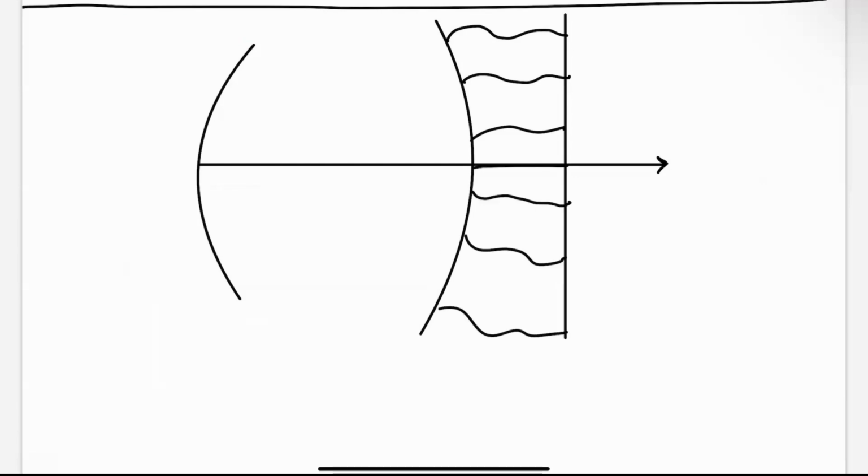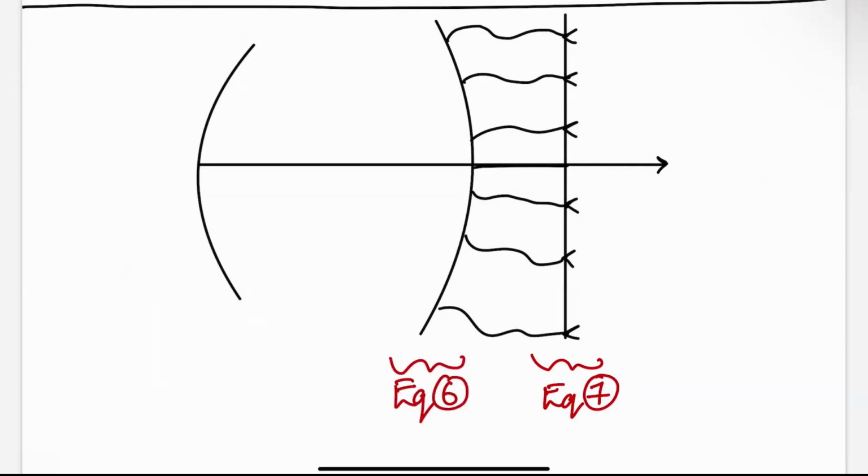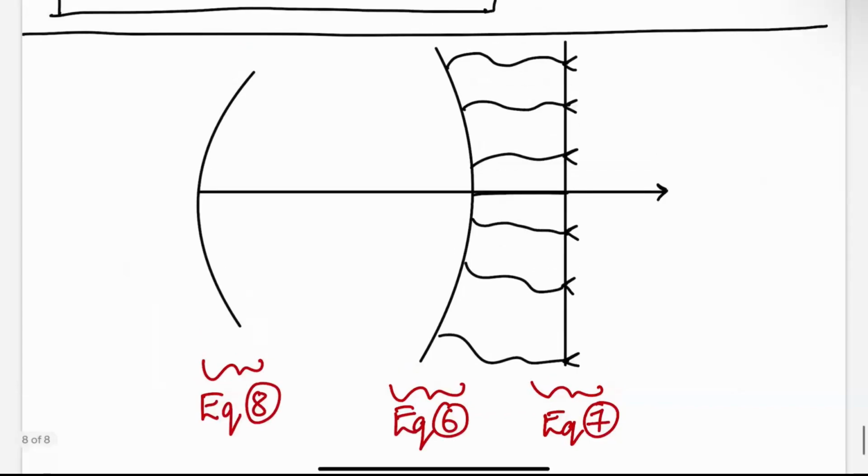Right? So I'll put some antennas out here. So this is given by equation 7. This is given by equation 6. And this is given by equation 8. Okay.